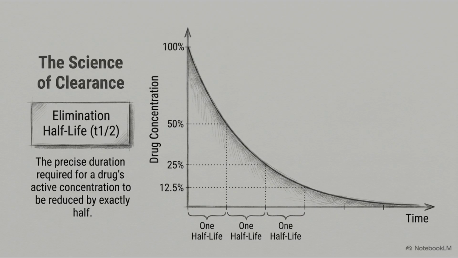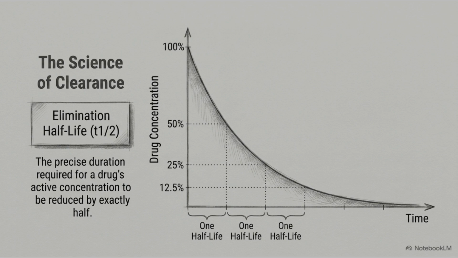So 2 half-lives. And by 3 half-lives, you drop it to 12.5%. Most antithrombotics will reduce to almost acceptable levels for the procedure to be done by about 4 to 5 half-lives.